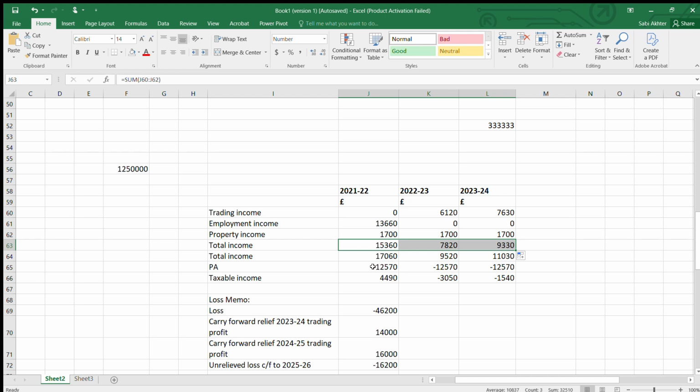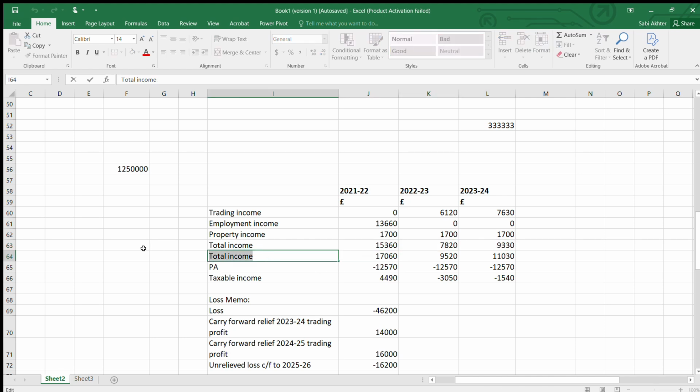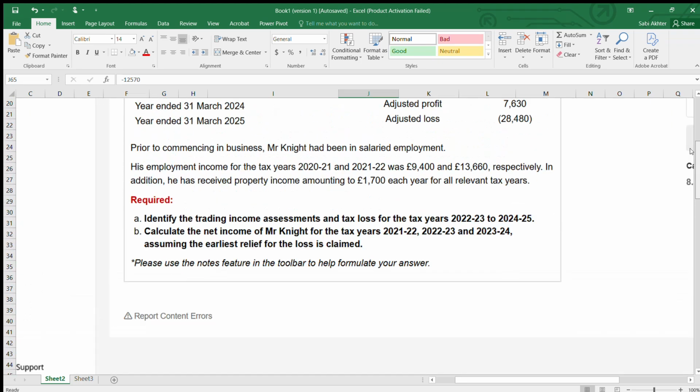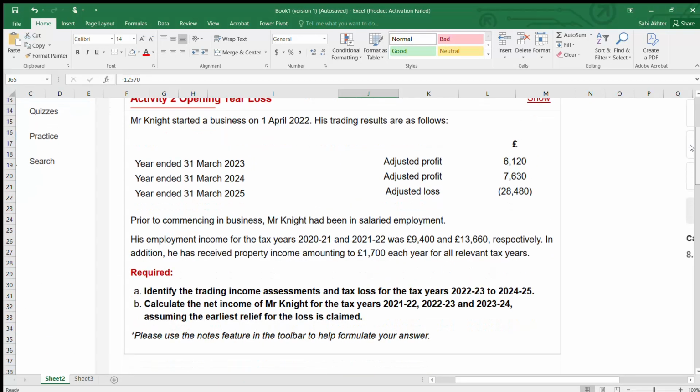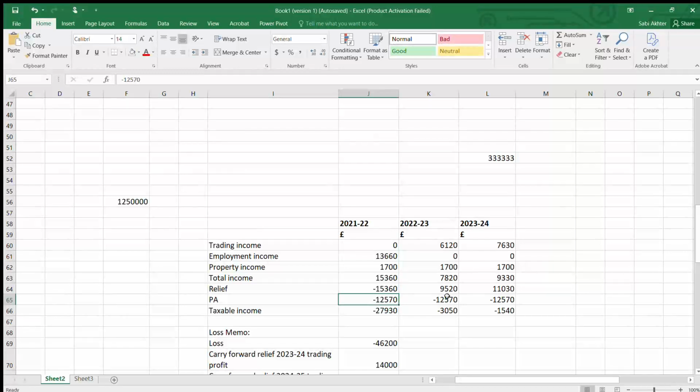Okay. So now relief. Relief against total income. So how much? 15,360. What is the amount of loss? 28,480. Now minus 9,520.